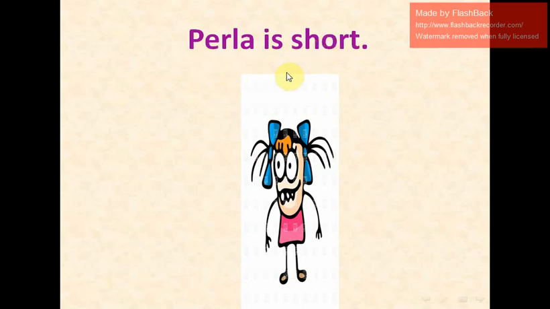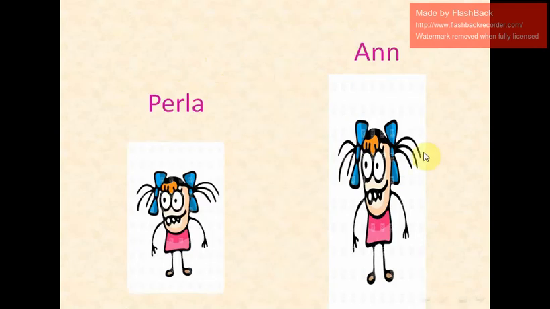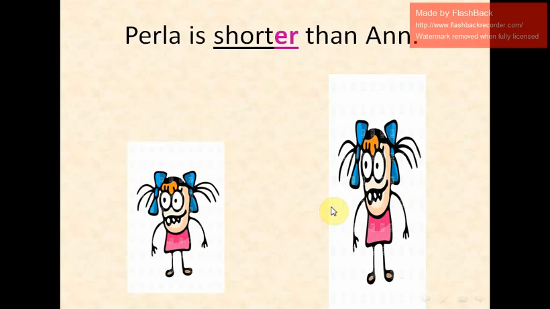Very good. What if I want to use an adjective to compare Perla to her sister? Let's imagine this is her sister. Her name is Anne. I need to compare these two using this adjective. I will say Perla is shorter than Anne.